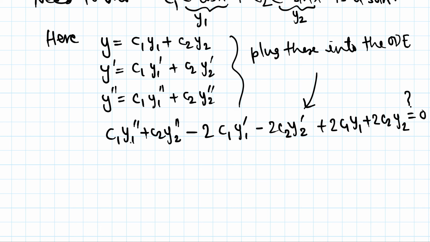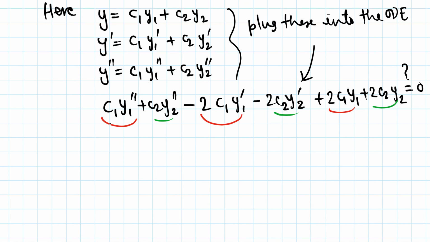Now we need to plug in the values of y1 double prime, y2 double prime. Okay, that's the case, but we can separate into two parts, having y1 double prime, y1 prime, and y1 in one place, and the others y2 in other place. So here what I'm trying to do is C1. Look at these y1 terms, so I can factor C1 out.